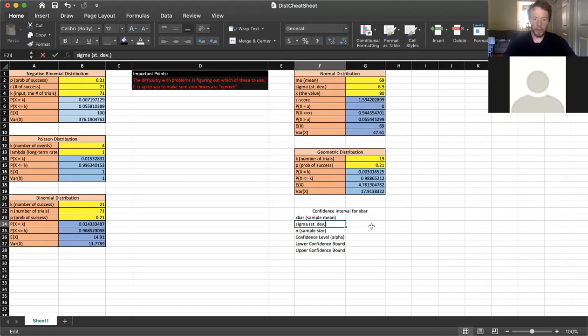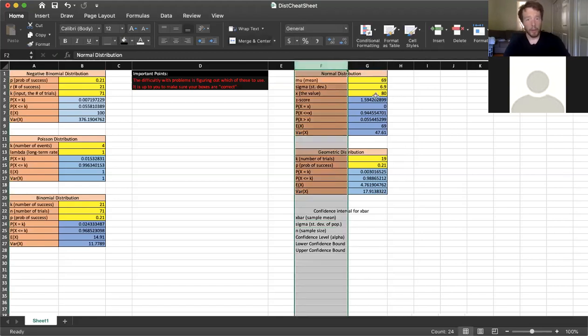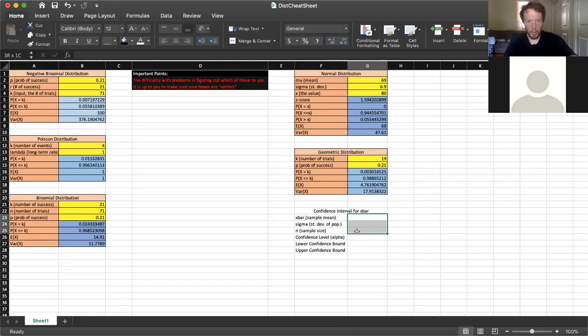I'm gonna say this is the standard deviation of the population. But note, as I just said, you can plug in the sample standard deviation here, but note it's gonna reduce your accuracy. All right, so these are the things that we want to put in, these 4. So I'm gonna make them yellow. And these are gonna be our outputs. I'm gonna make them light blue, right?